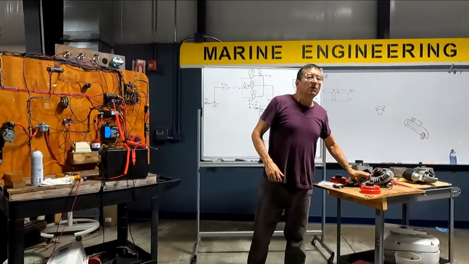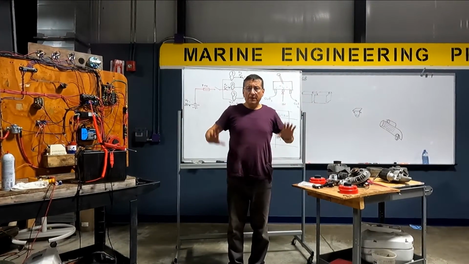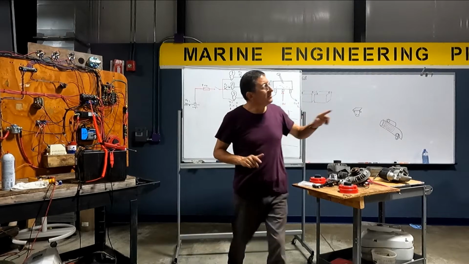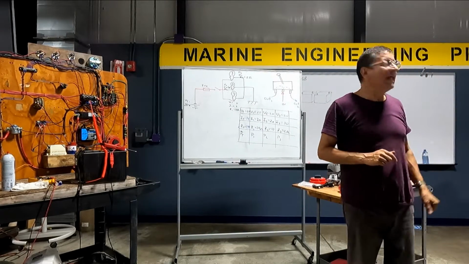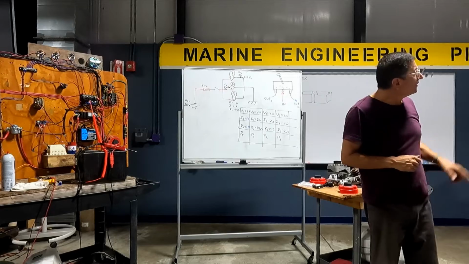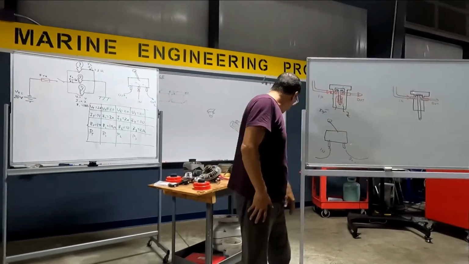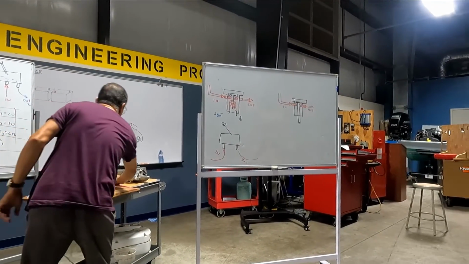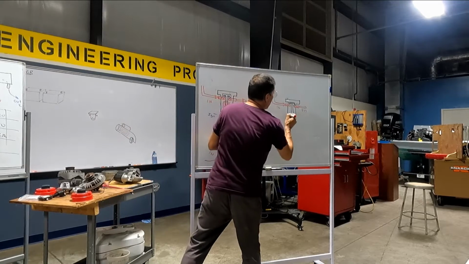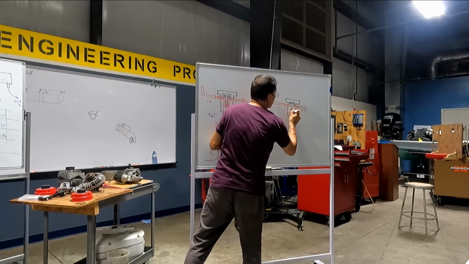Okay, all right, guys. Everybody follow me? It's clear? This is the relay. And look at the solenoid. The solenoid is exactly the same as the relay. The metal is surrounded by the coil.